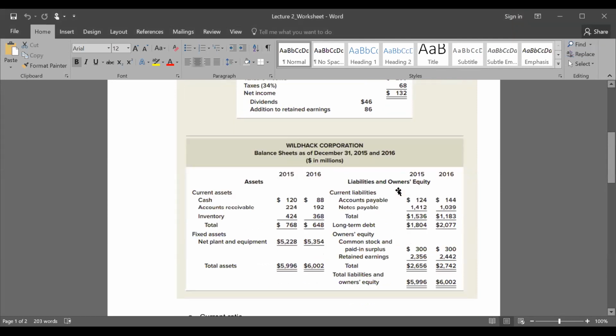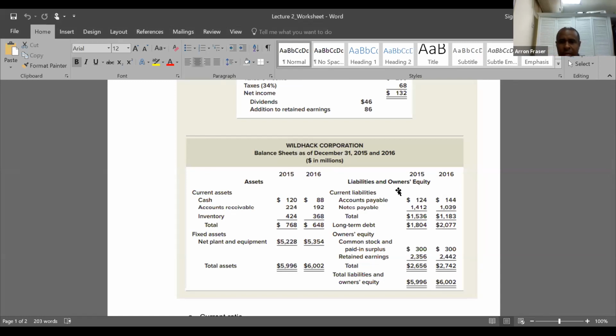We're taking this from the back. 6,002. Right. And how much is total equity? $2,742. Right.